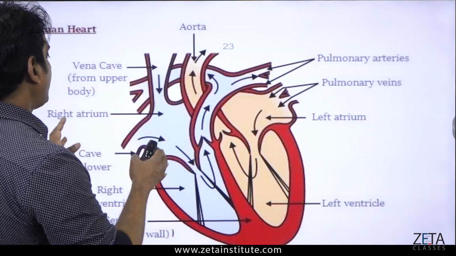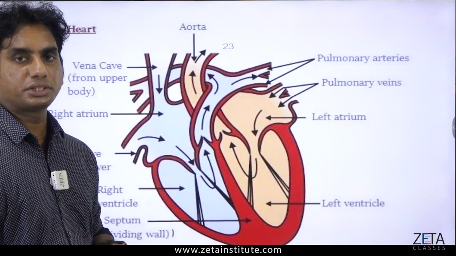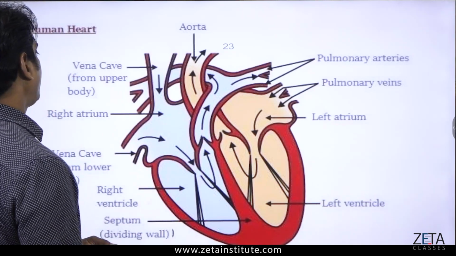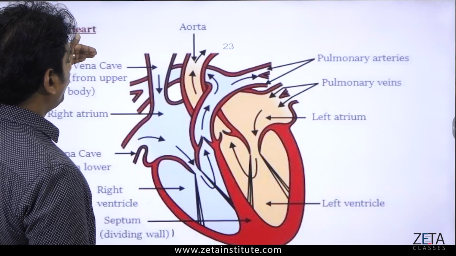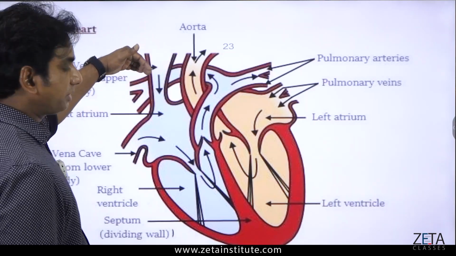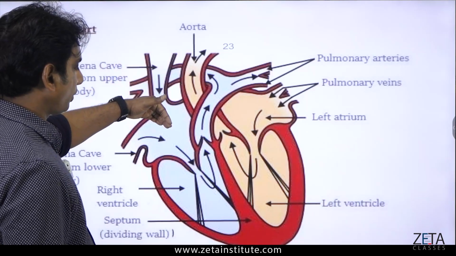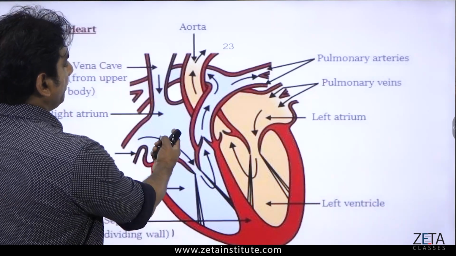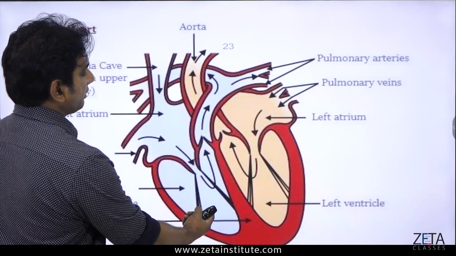As you see in the arrow direction, this shows the movement of blood. First of all, remember, the vena cava, which brings impure or deoxygenated blood, first enters the right auricle or right atrium. From there, the blood moves to the right ventricle.